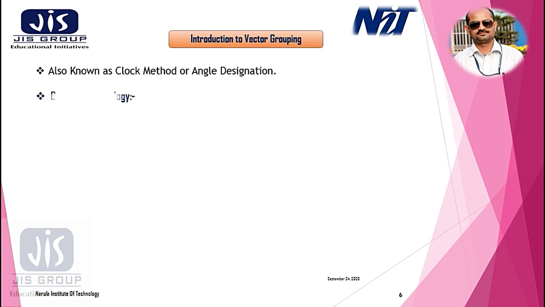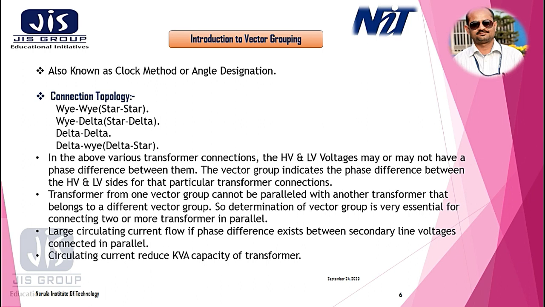Okay. Now we know the transformer can be of different topology, meaning transformer has different connection diagrams such as YY, Y delta, which is also known as star delta, delta delta, and delta Y, which is also known as delta star.